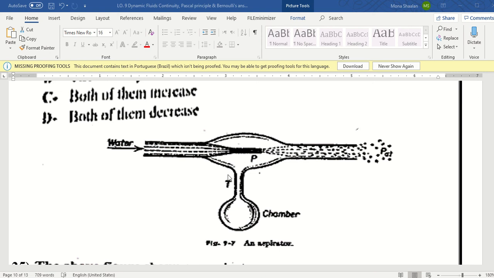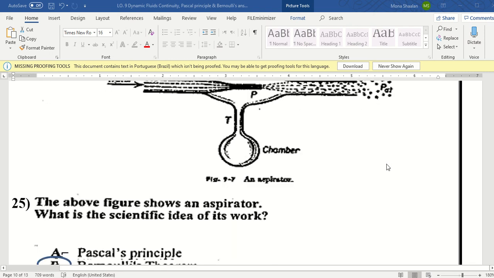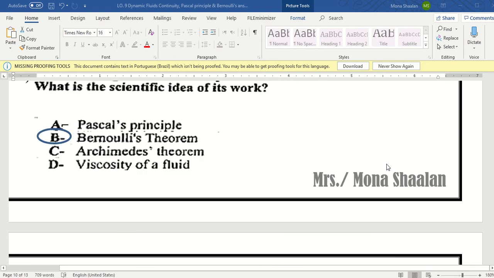The liquid is pushed towards the region of the constriction, and in the constriction the speed will be increased, and the liquid will be lifted up. This is based on Bernoulli's theorem.